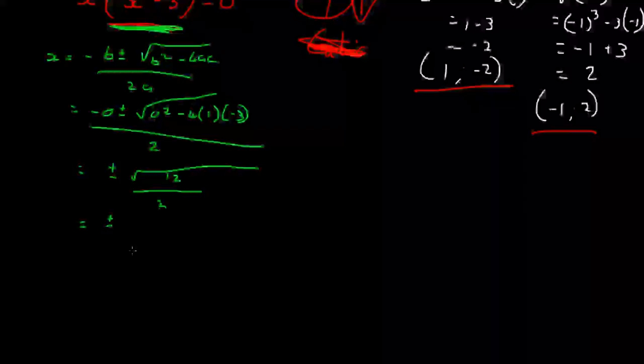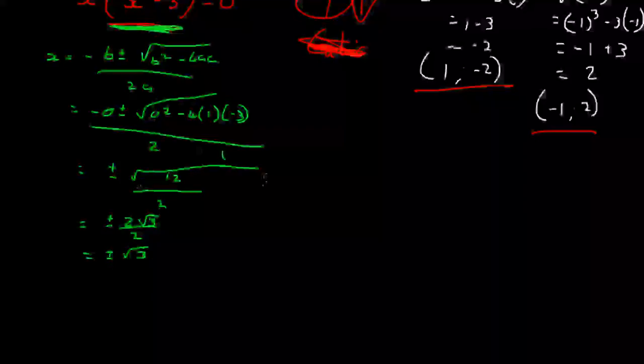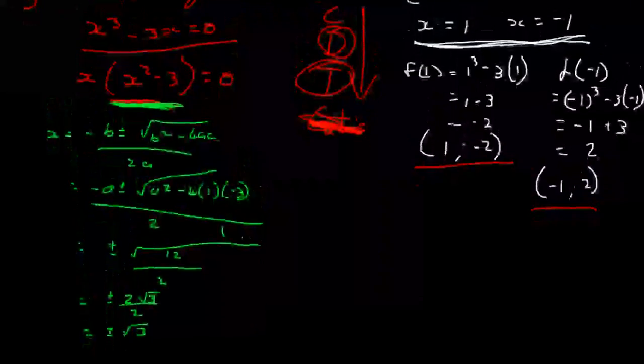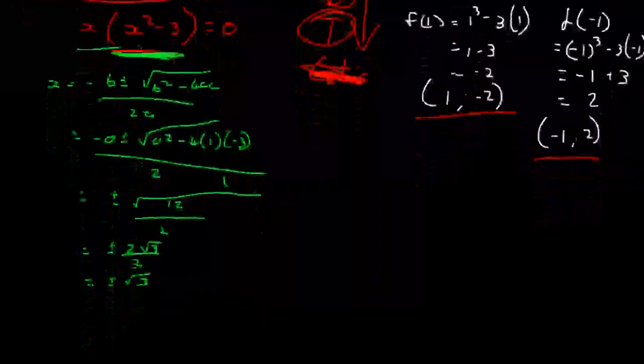What is the square root of 12? The square root of 12 is 2 root 3. Just do it on your calculator, over 2. So plus or minus root 3. Okay? So now we've factorized this equation fully.